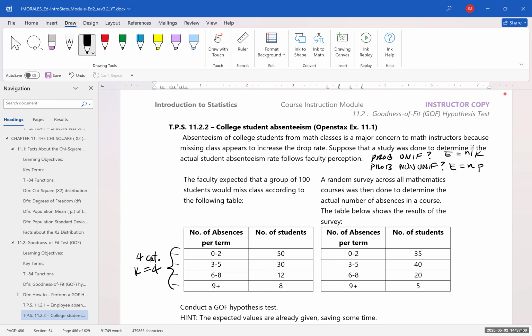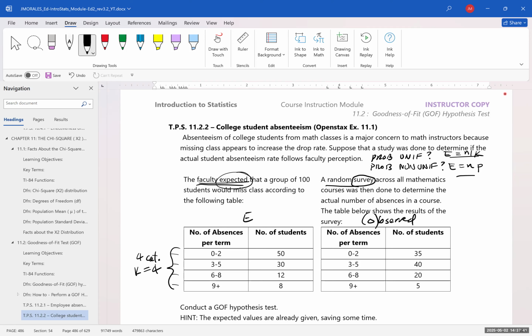But this is an example of where you don't even need to calculate the expected value because a random survey, conducting a survey, those are observed values. And then what the faculty expected, well, there's your expected value. So you already had everything you needed. You didn't have to worry about that formula or that one. These are the observed, these are the expected.